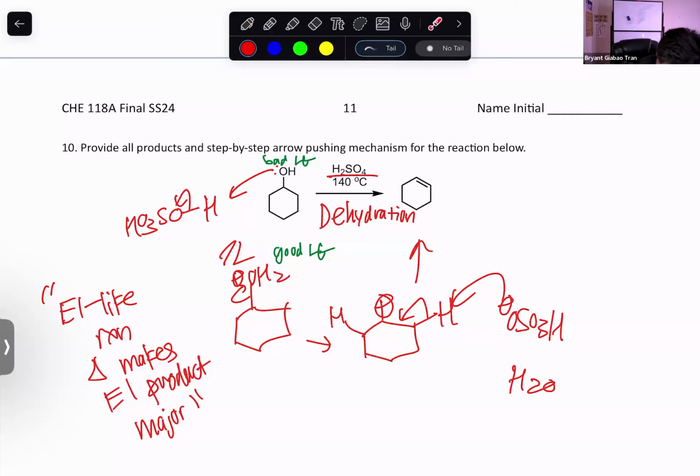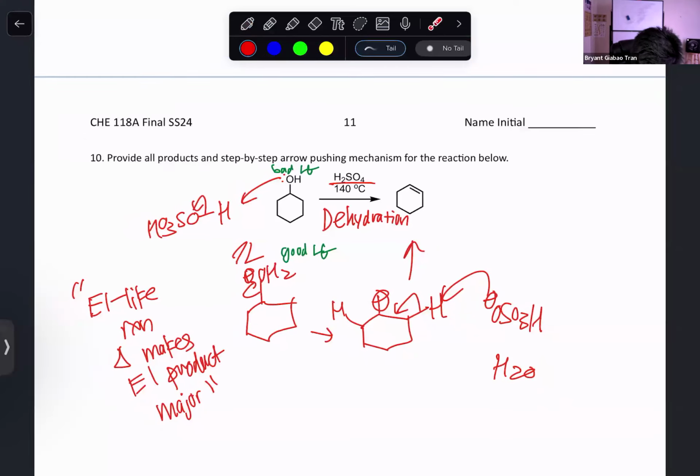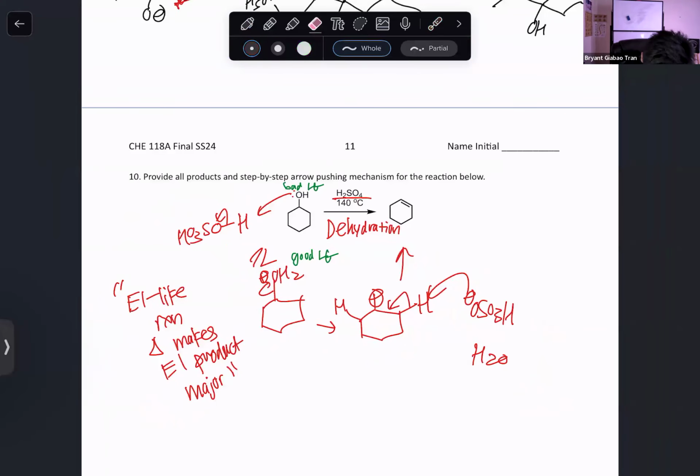But the reason why I didn't use water was because there was no water included in the reagent here. But he allows you to use water, so you can use water in this case. Yeah, these are reversible.